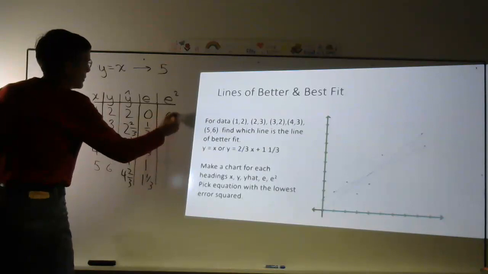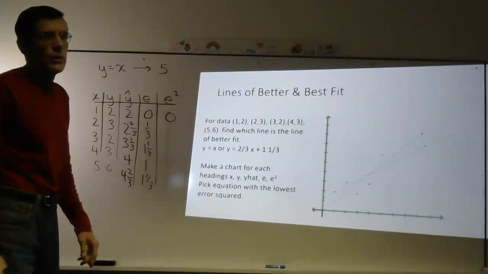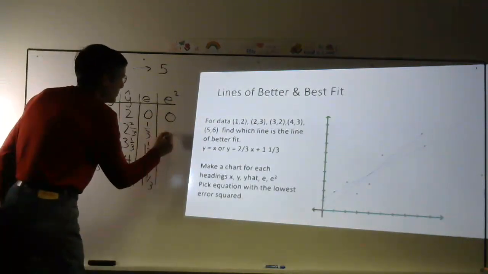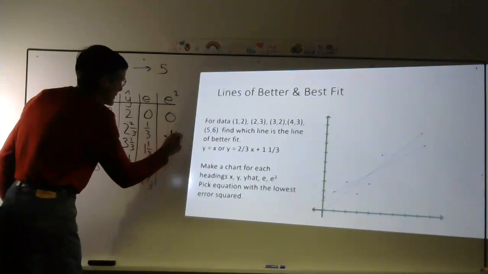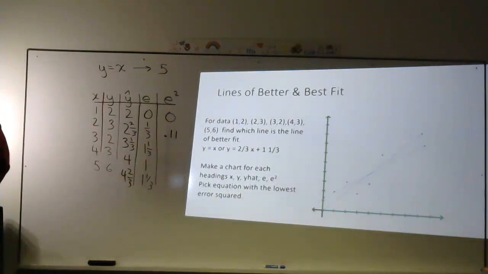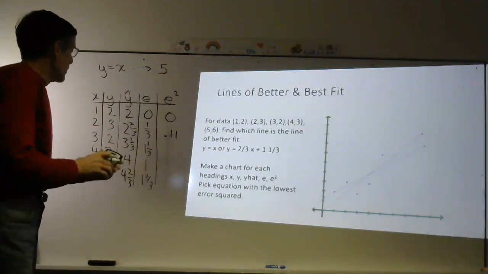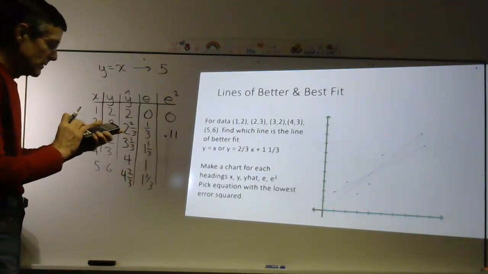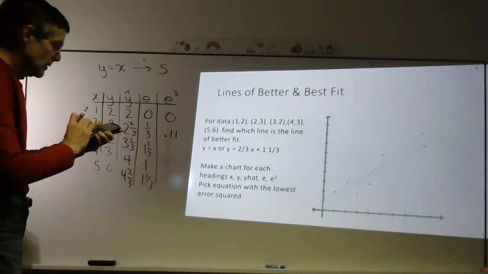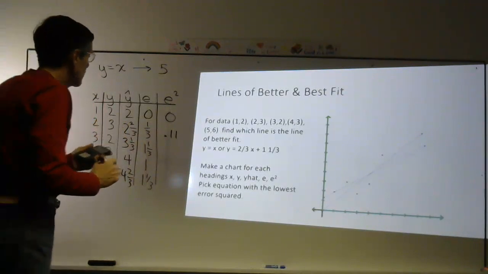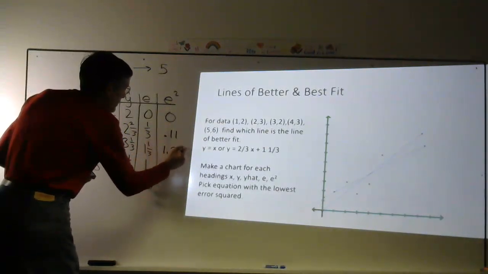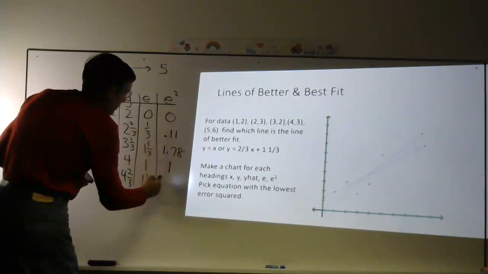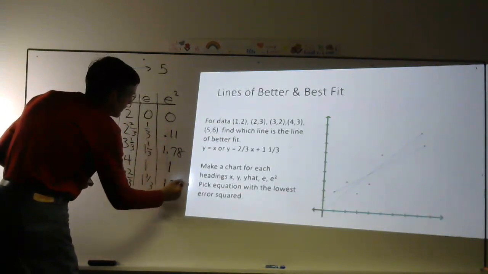Error squared: 0, then 1/3 times 1/3 is 1/9, which is 0.11. 1 1/3 squared is 1.78. 1 squared is 1. 1 1/3 squared again is 1.78.